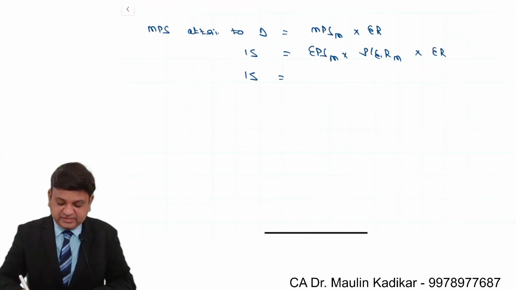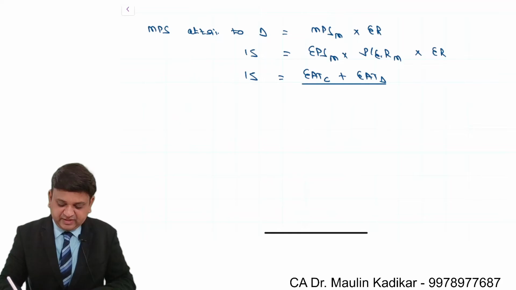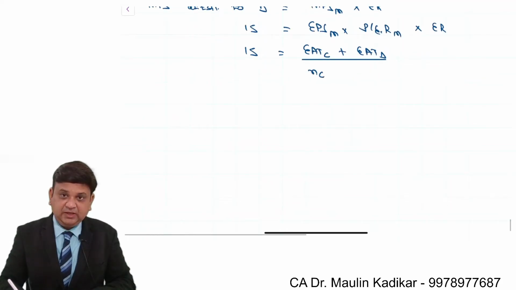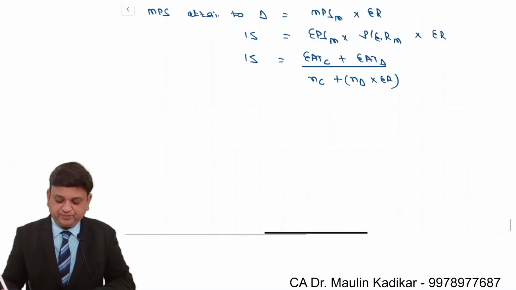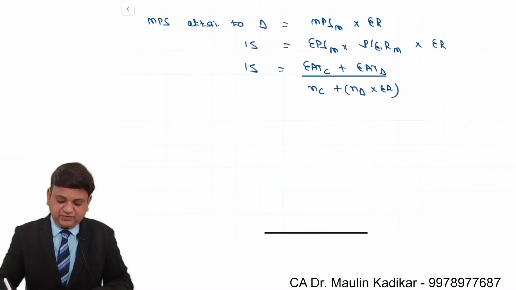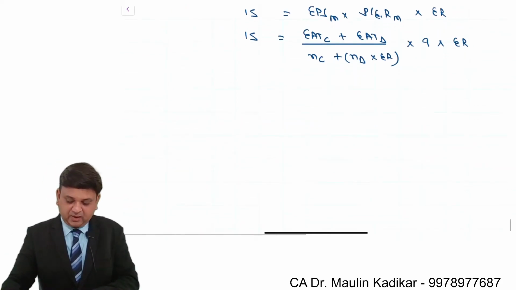EPS of the merged firm is EAT of C plus EAT of D divided by number of shares of C plus number of shares of D into exchange ratio. So this is EPS of the merged firm into price earning ratio of the merged firm, 9 times, into exchange ratio once again.